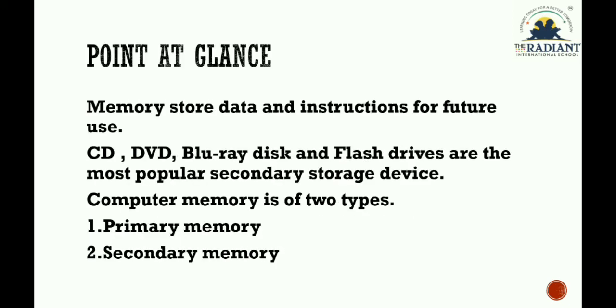Now, what we learned from this chapter: first, memory stores data and instructions for future use. Then, storage devices like CD, DVD, Blu-ray disc, and flash drives are the most popular storage devices. Types of memory: first is primary memory, then secondary memory.